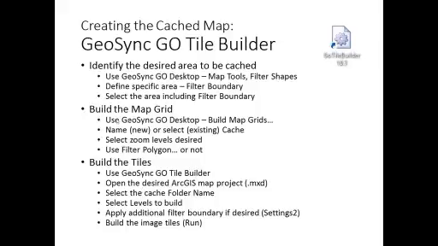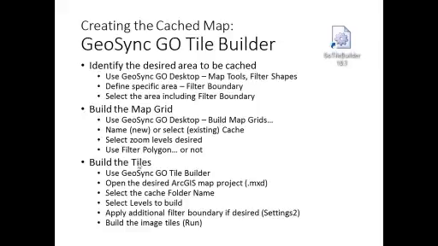But in this case, in GeoSyncGO, we're not going to build the tiles. We're going to specify a grid of that area, but we will still give a name for that cache. We'll select the zoom levels like we did before, and use the filter polygon or not. But again, the key here is this time we're not building the tiles from GeoSyncGO. We're going to build a grid that refers to those tiles.